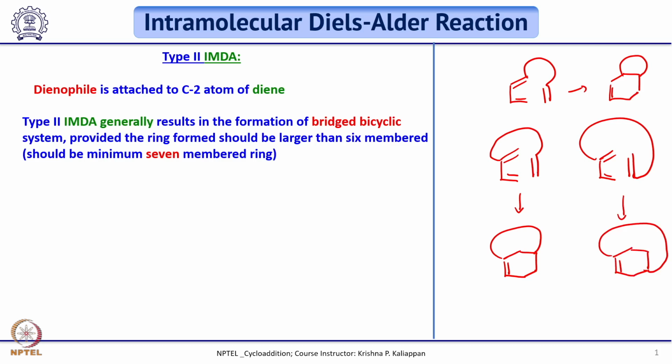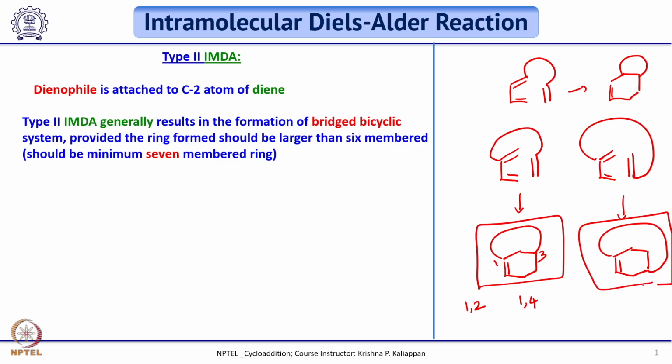In the case of intermolecular Diels-Alder reaction, we have discussed in detail that when you have substituents attached to the dienophile, normally the expected product is either 1,2 or 1,4. But if you look at the intramolecular Diels-Alder reaction type 2, you will mostly get 1,3. 1,3 is the major product.